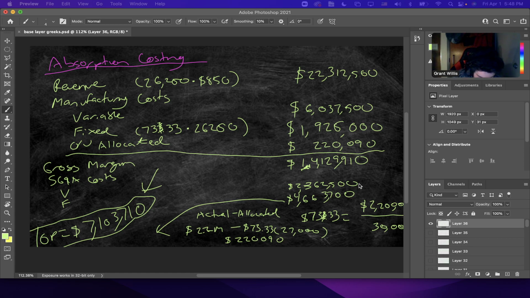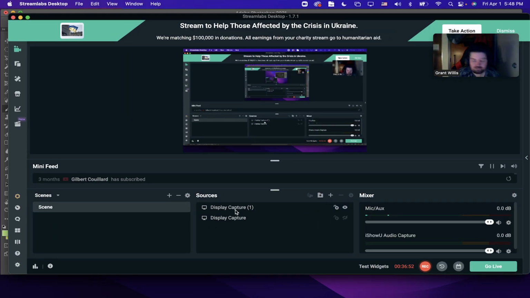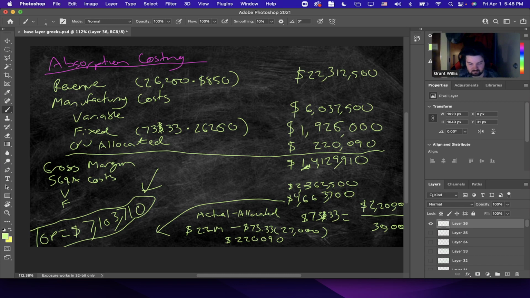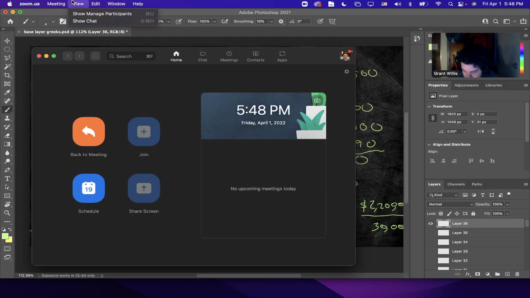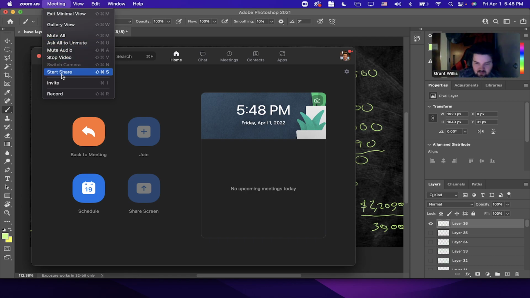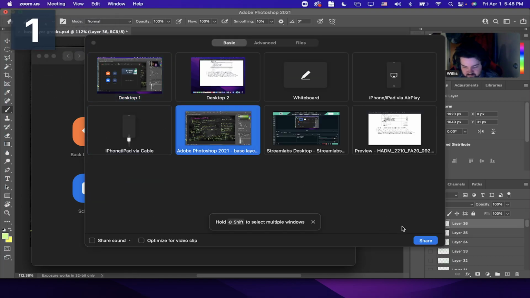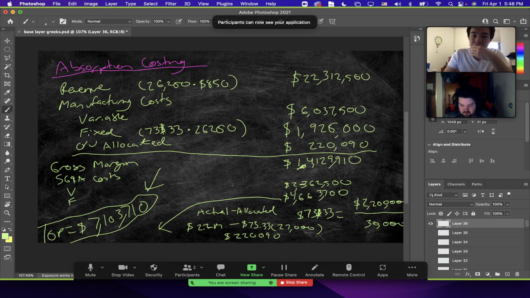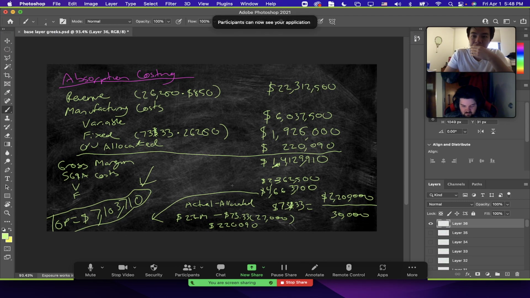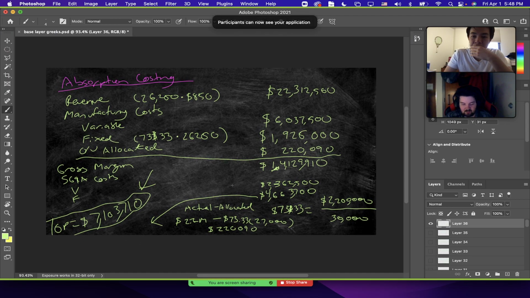So I'll share my screen. One thing, after I finished the problem, I'm looking at the card that we wrote.